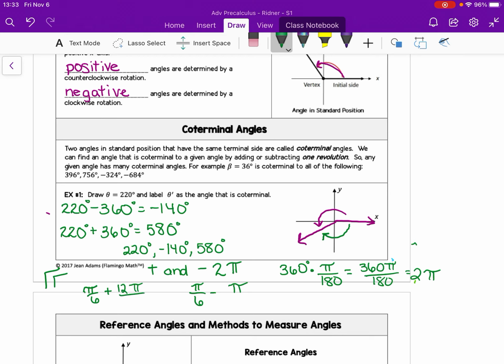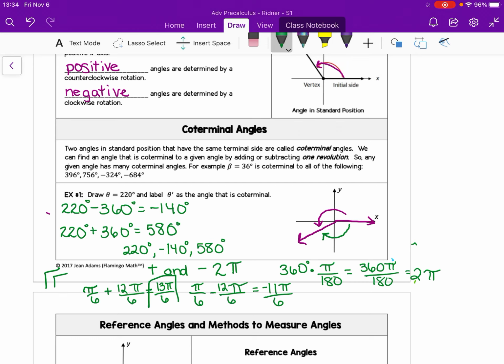That would be 12 pi over 6, because that would be 2 pi, right? Same thing here, 12 pi over 6. Now I can add: 1 pi plus 12 pi is 13 pi over 6. 1 pi minus 12 pi is negative 11 pi over 6.